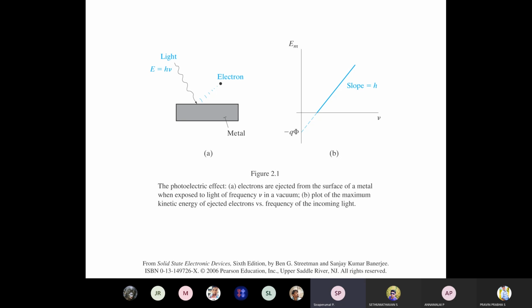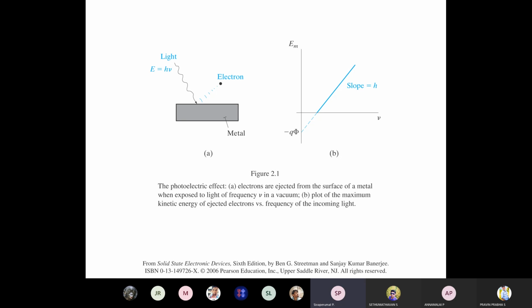Based on the equations, you have to plot the maximum kinetic energy of the ejected electrons against the frequency. This is the maximum kinetic energy, EM, on the y-axis, while the x-axis represents the frequency of the incoming light.